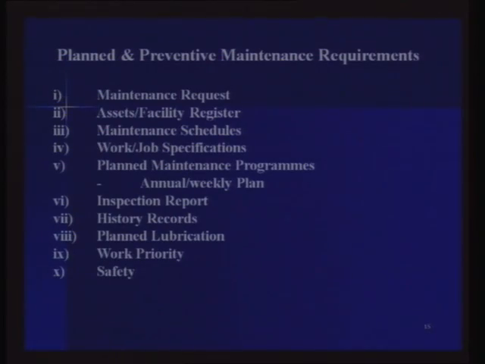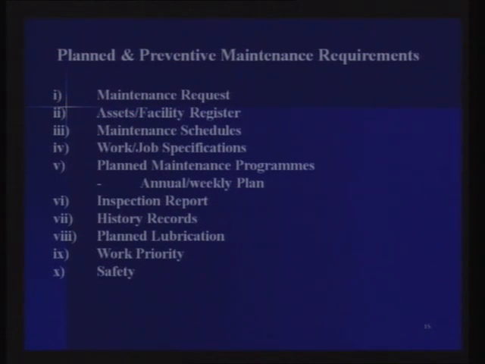Planned and preventive maintenance requirements. There are certain requirements for planned and preventive maintenance. That means the concerned department should make a request to the maintenance department, because the maintenance department in any organization is a separate department. Unless the required department makes a request, maintenance will not be active for repairing or restoring that equipment.